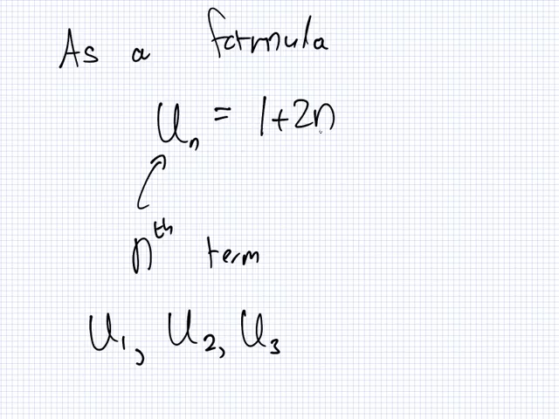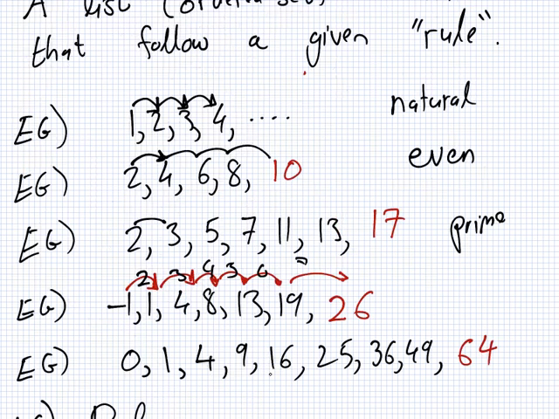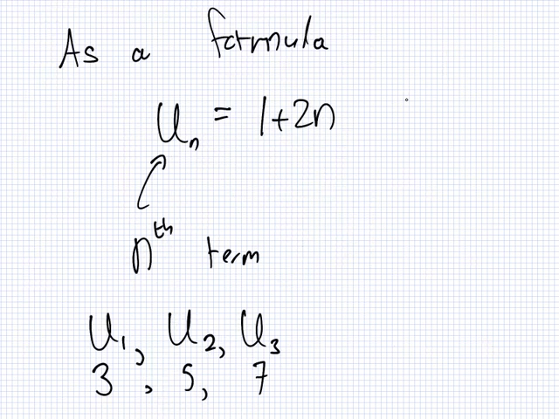Well, you make n 1. So that would be 3. And then the next one you make n 2, 5. And then the next one you could make 7. So actually, a lot of these you can write as a formula. Like this one here, Un equals n. Here, Un equals 2n. No, because if it was n plus 1, you would get 2, 3, 4, 5 as your sequence.